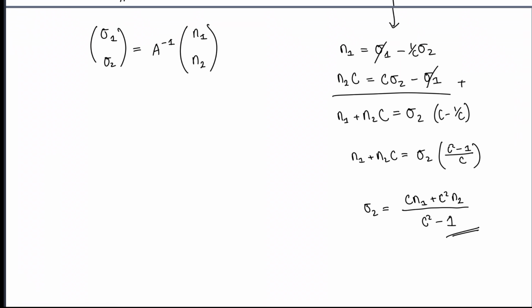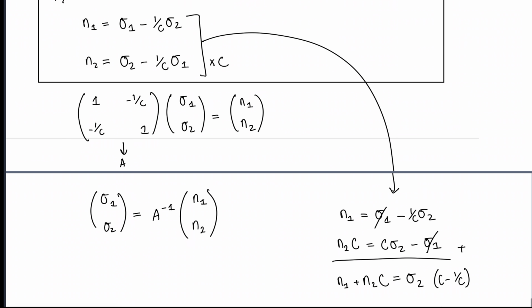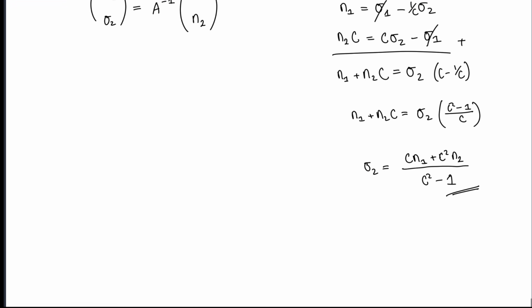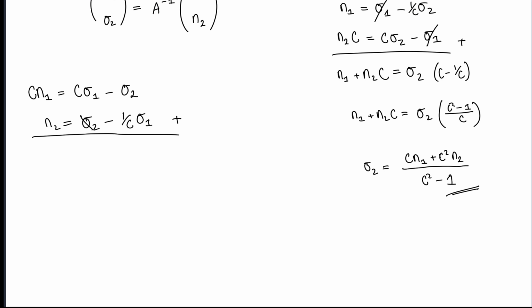To work out sigma 1, we will times the first equation by c and keep the second equation the same. When we do that, we get c eta 1 is equal to c sigma 1 minus sigma 2, and eta 2 is equal to sigma 2 minus 1 over c sigma 1. Again, if we add these equations, sigma 2 cancels out, so we are left with c eta 1 plus eta 2 is equal to c minus 1 over c, times sigma 1.